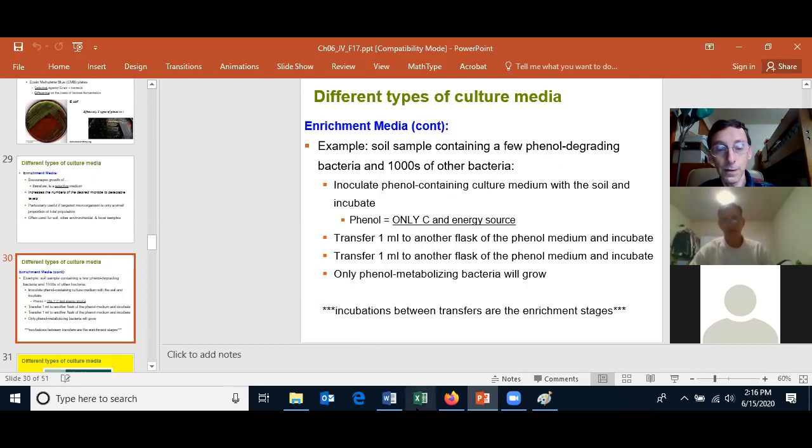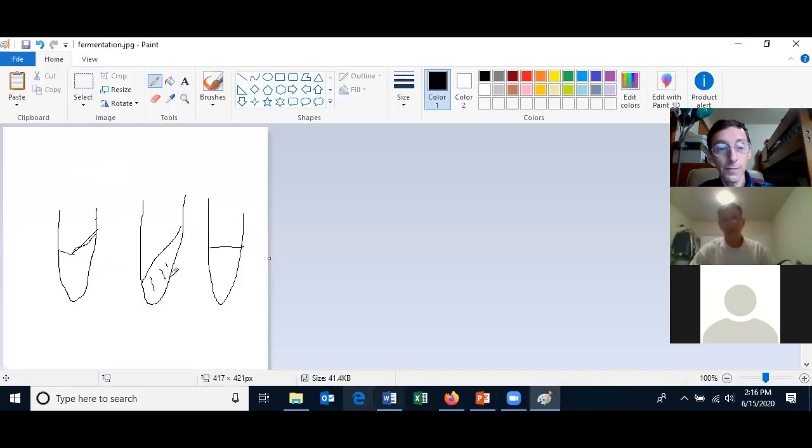What you do is you have a media and you put a little bit of soil in, and then you grow that in the enriched media where the only carbon source is phenol. And then after that grows up, you get another tube of it, and you take some of this and put it into the second tube, and then you further enrich it.